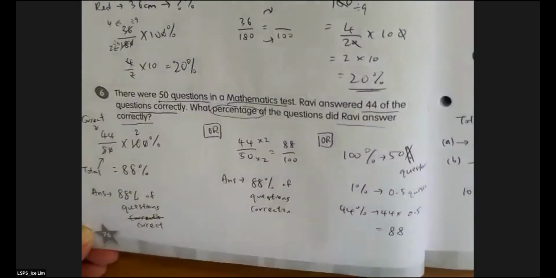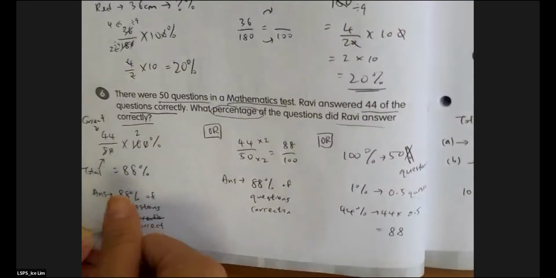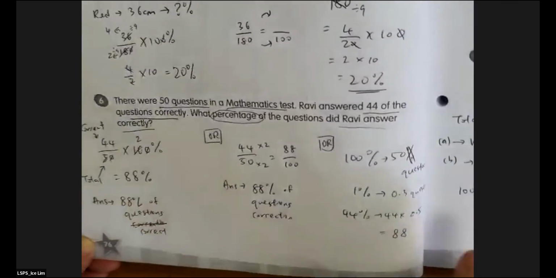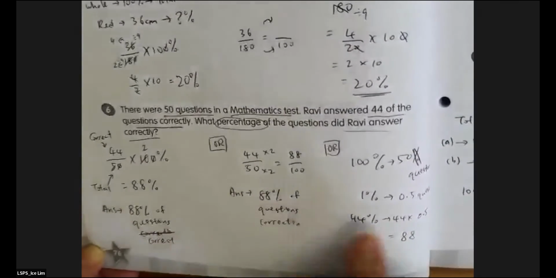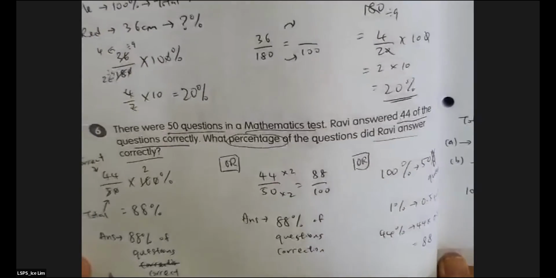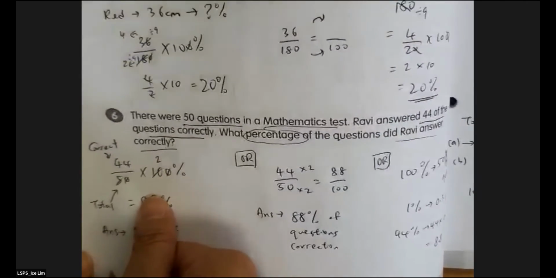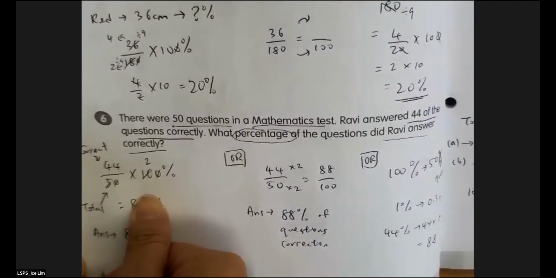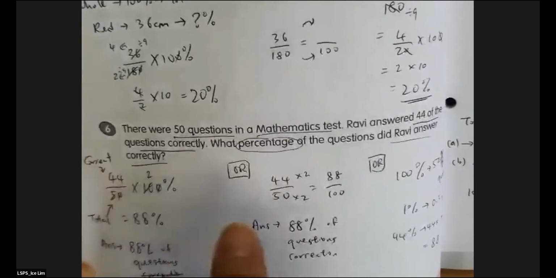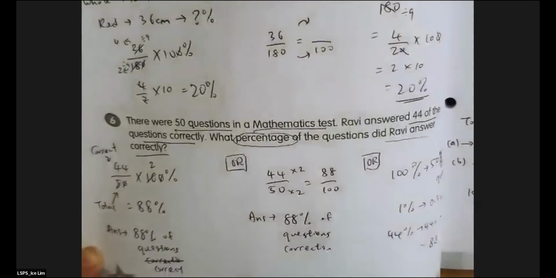Moving on, it's important that you are able to know at least one of them. Conceptually, they are the same thing, it's just different working methods. The quickest method is actually this one, and we will be using primarily this one to continue with the next few questions.